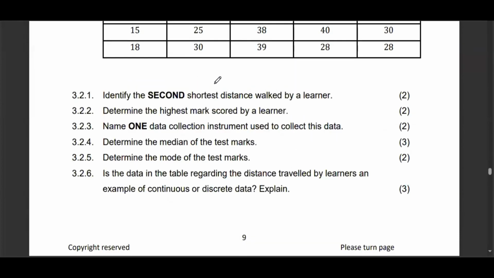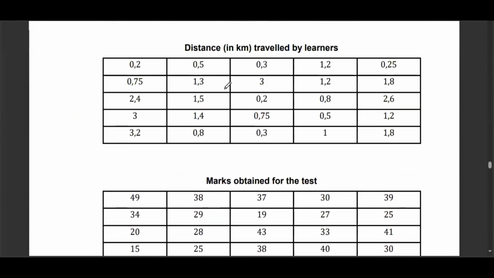Identify the second shortest distance walked by a learner. So for distance, we come here, second shortest distance. So this is 1, then this is 2, 3, 4.